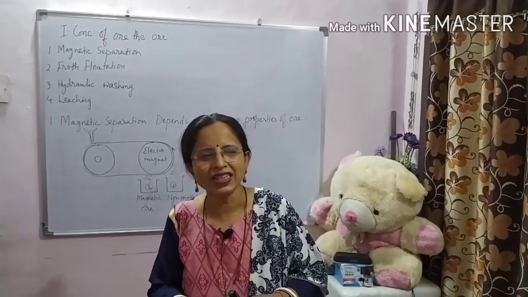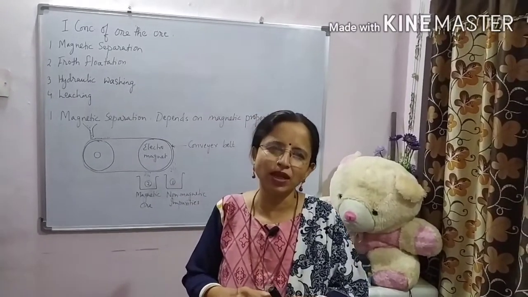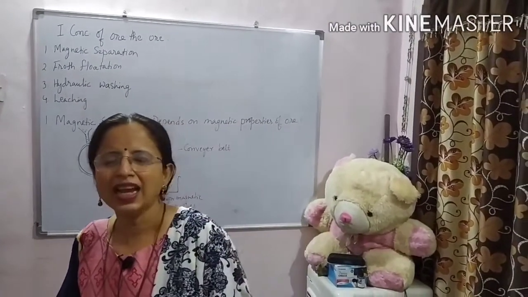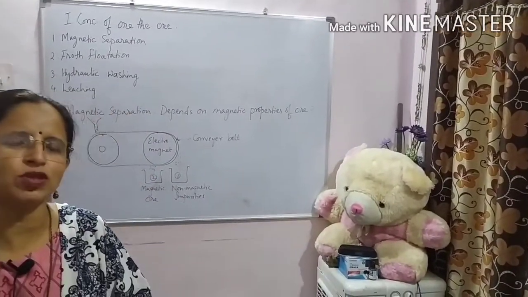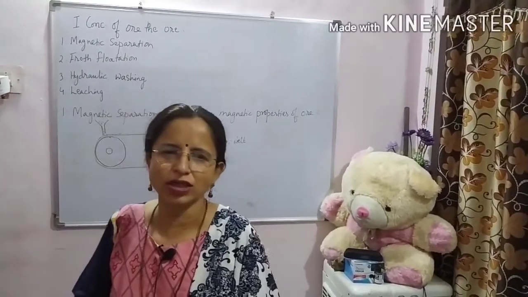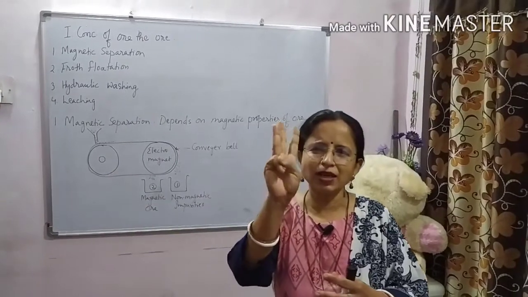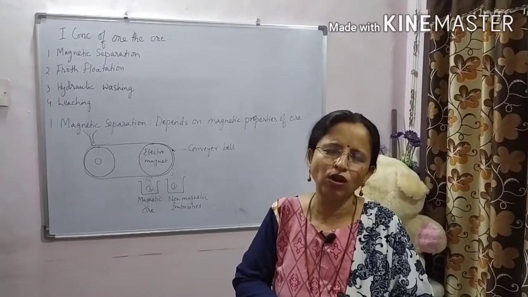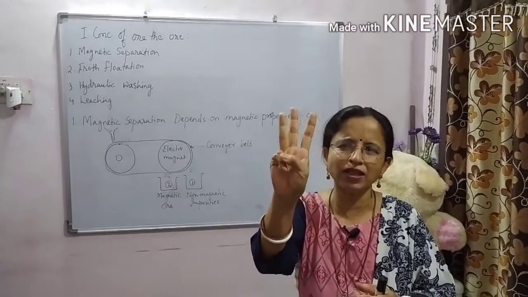So, in the last class I had discussed some terminologies used for metallurgy, and next I had told you what the steps to be used in metallurgy are. There are three steps in metallurgy, that is, extraction of metal from the ore can be done basically by three steps.